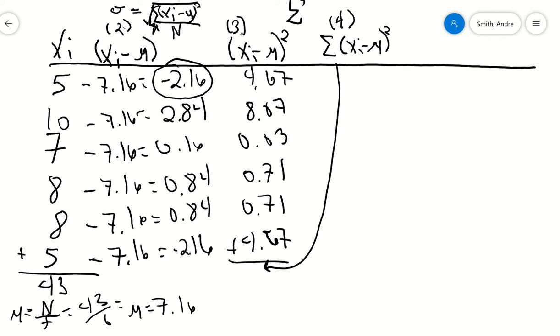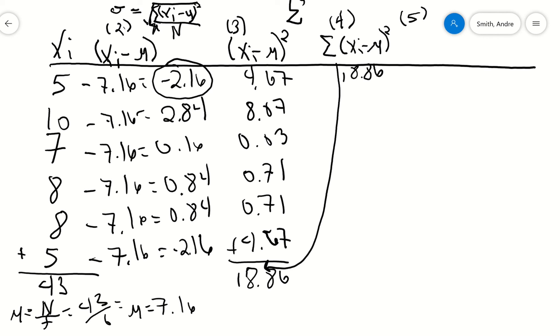And once we add them up, we get 18.86, right? So let's just put that there, 18.86. Now we're moving on to step number 5.